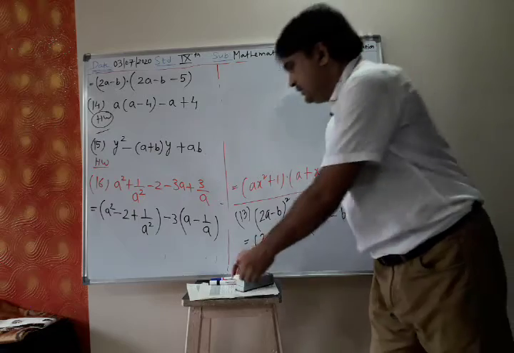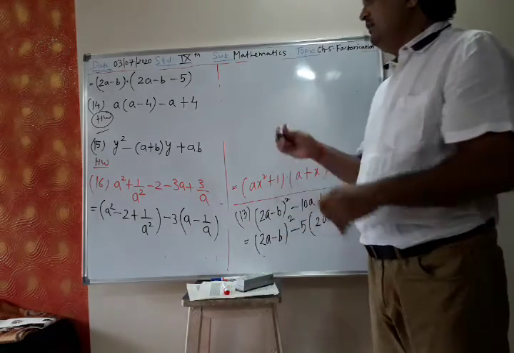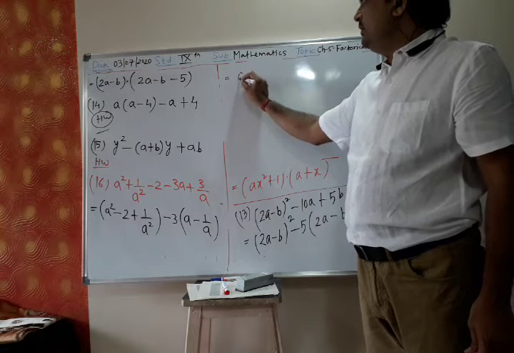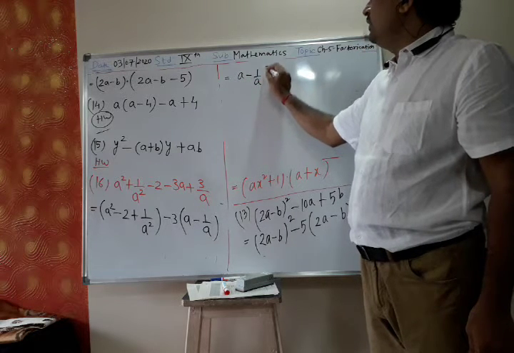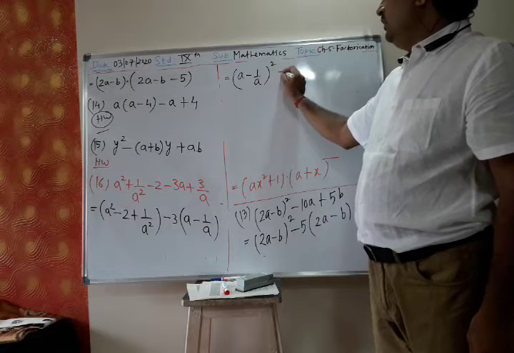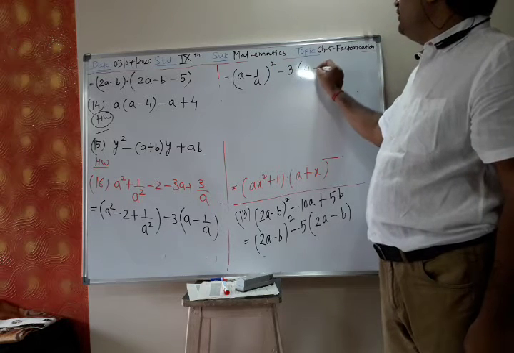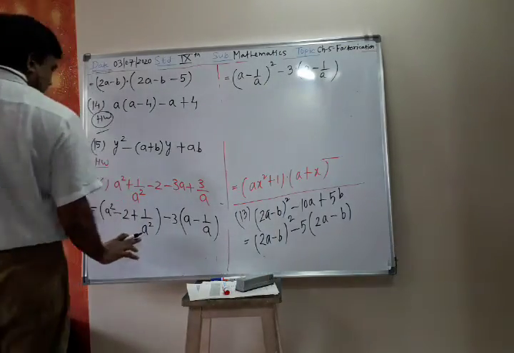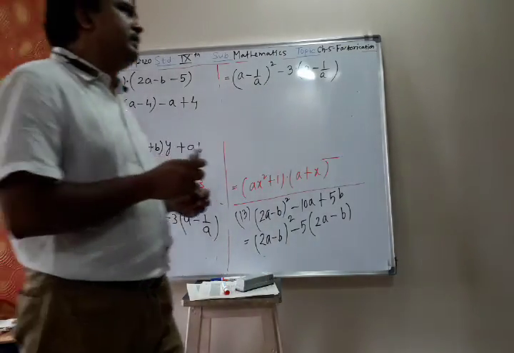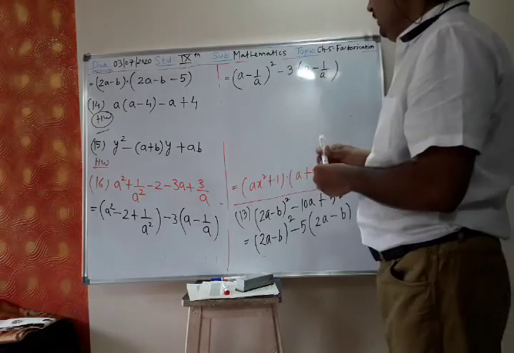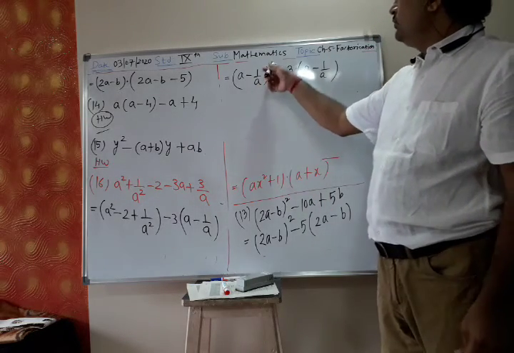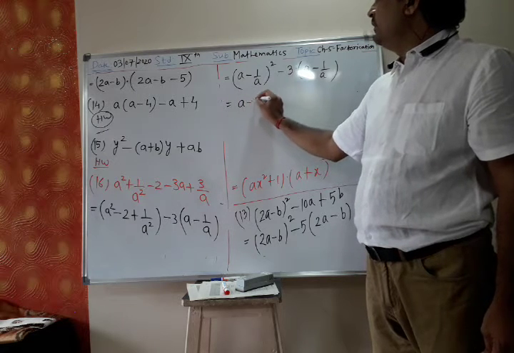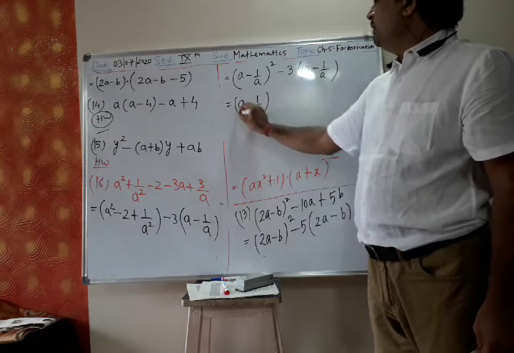Are you getting this? In expansion we have seen the formula. A square plus 1 upon a square minus 2 is nothing but a minus 1 upon a whole square. Now it is a minus 1 upon a whole square, and a minus 1 upon a is common.